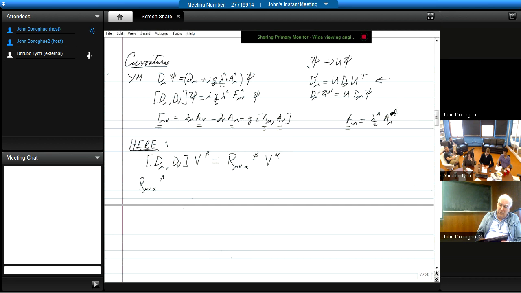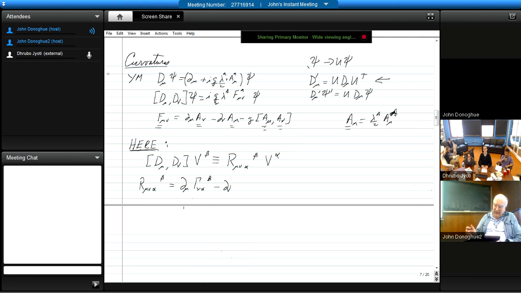R mu nu alpha beta is the derivative mu acting on the gamma nu alpha beta. That's pretty obvious. Remember when this derivative acted on V, I had that gamma alpha beta piece sitting there.